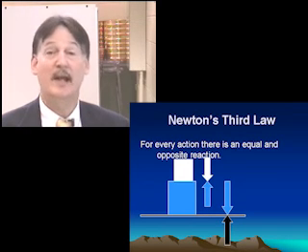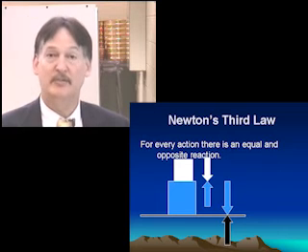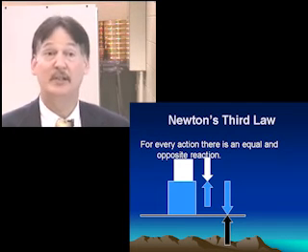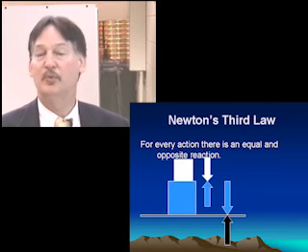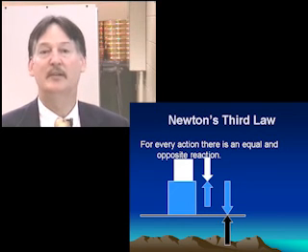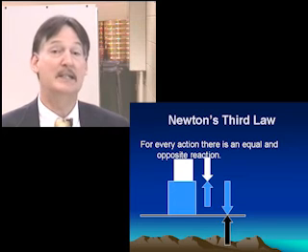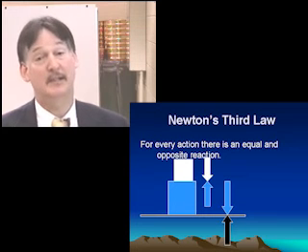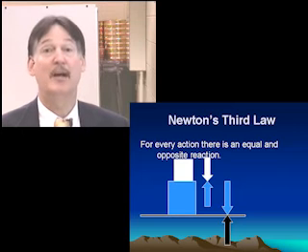Keep in mind that there's perspective involved here when you ask which force goes with which object. Notice that the white force is the weight of the white box. So that white force is acting on the blue box, but the blue box's force is acting on the white box. So these two forces are not acting on the same box.